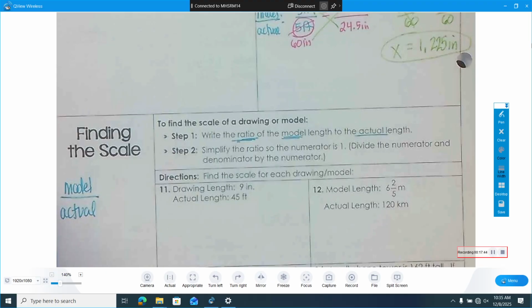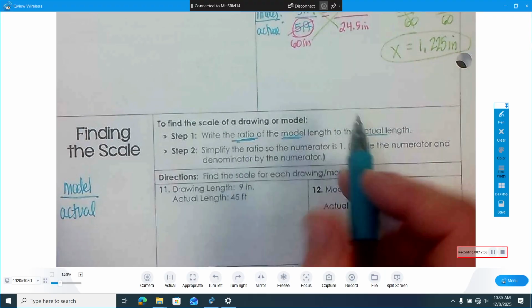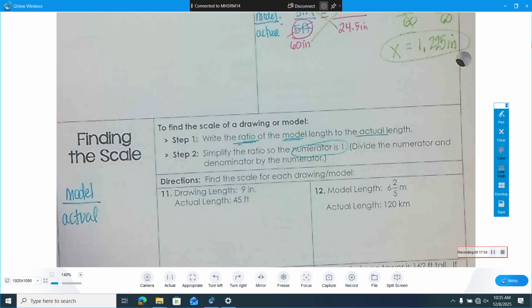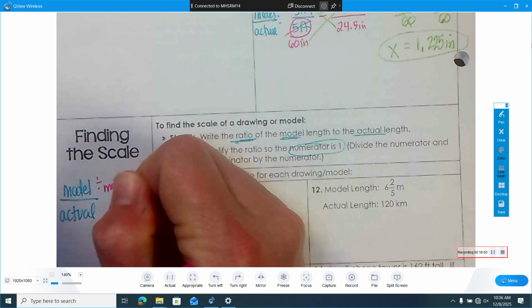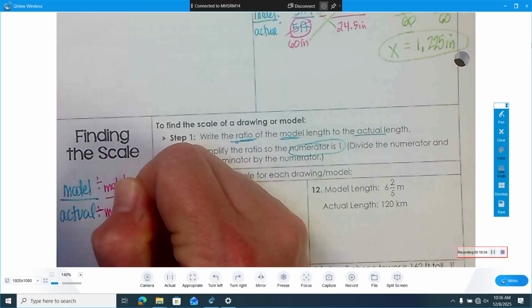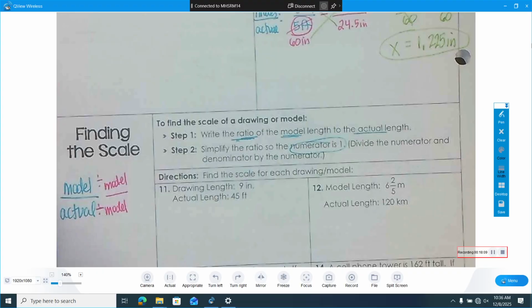To find the scale, we want to simplify the ratio so that the numerator is 1. To do that, we simply divide by whatever the model is, so we're going to divide the fraction top and bottom by that model value.